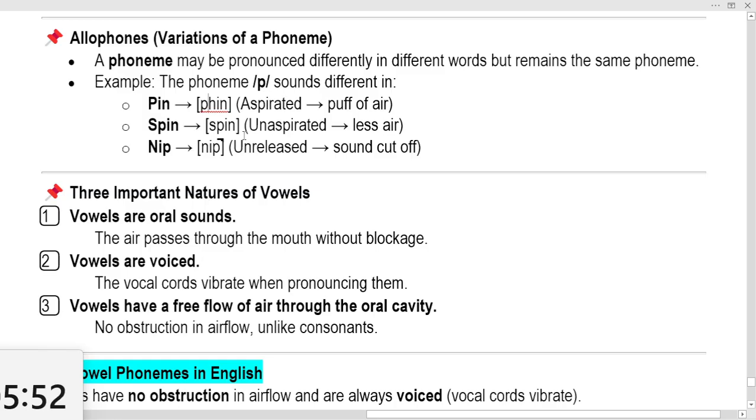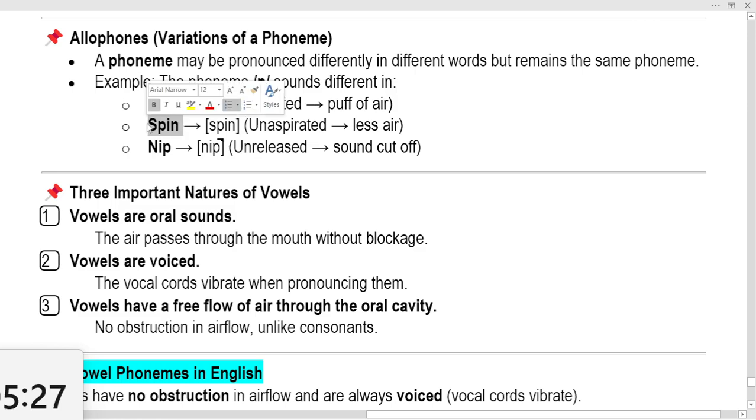May lumalabas na puff of air. Parang nagpipigil ka ng hangin tapos pag release mo ng sound ng P, may lumabas na air. Try to pronounce the word pin with your hand close to your mouth and say again, pin. Diba may air na lumalabas?